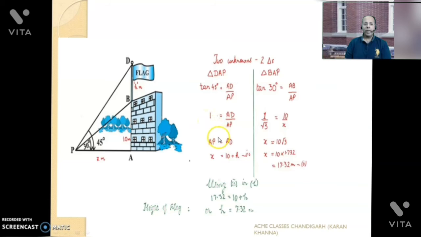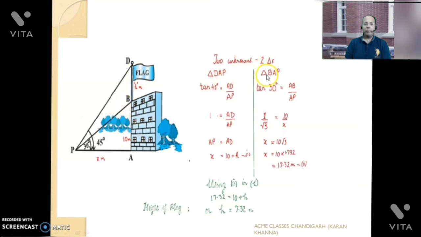So from this we get AP is equal to AD. Now AP was assumed to be x meters, so x is equal to 10 plus h, since AD is equal to AB plus BD, hence AD is equal to 10 plus h.